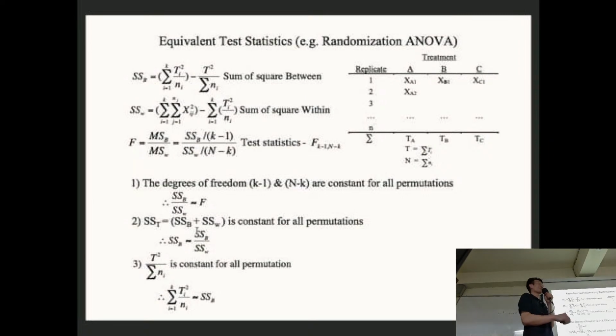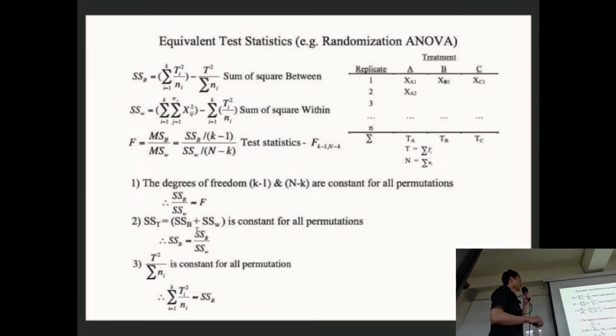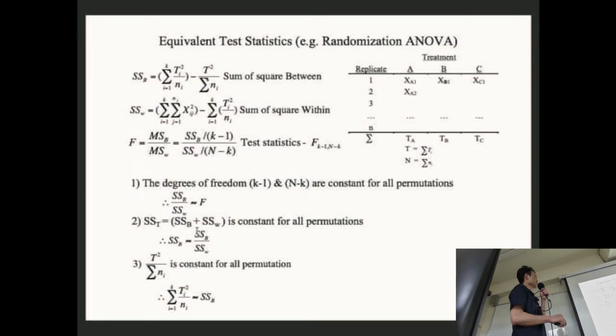Okay? Because statistically it's just a transform. The transformation, dividing by a constant, does not have an effect, right? And also, by definition, we know SST is SSB plus SSW, and this is, again, constant for all the permutations. So you don't really need to do that, you just need to generate a new distribution of SSB, because SSB plus SSW is always constant.